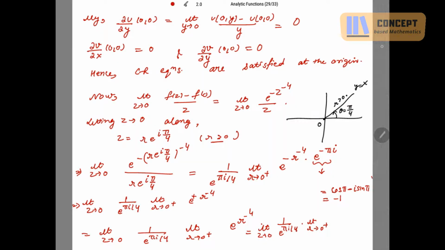We do not have to write this, because here the limit is in r. Okay. e raised to the power 1 by r to the power 4. Now 1 by 0, if I put the limit r tends to 0, this is 1 by 0, which is infinity, and e to the power infinity is also infinity, and this 1 by r is also infinity.